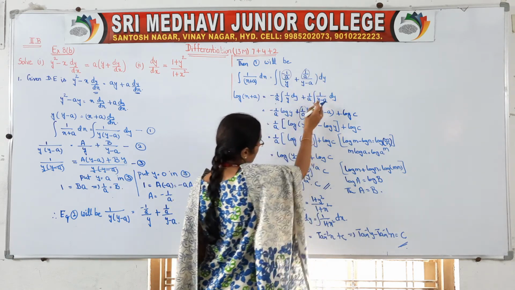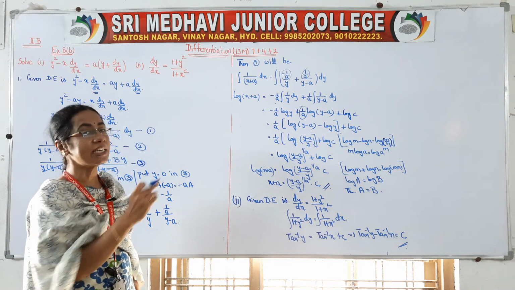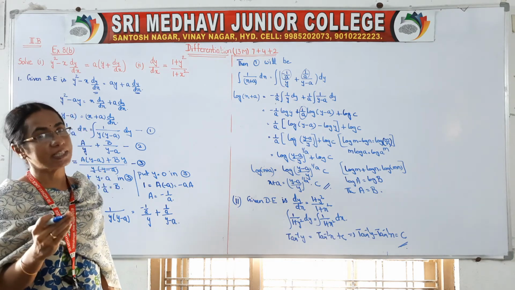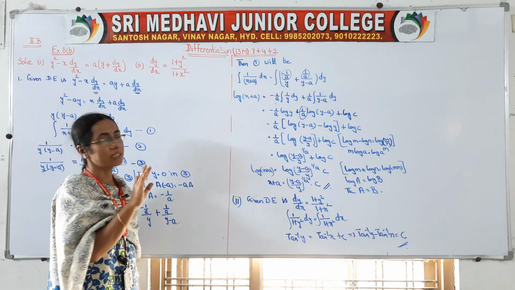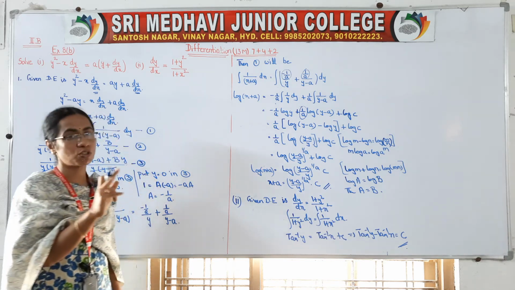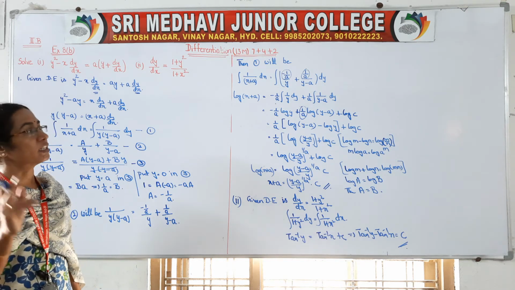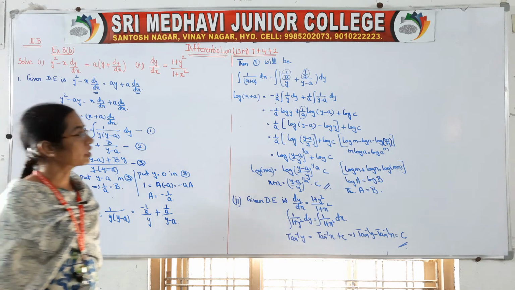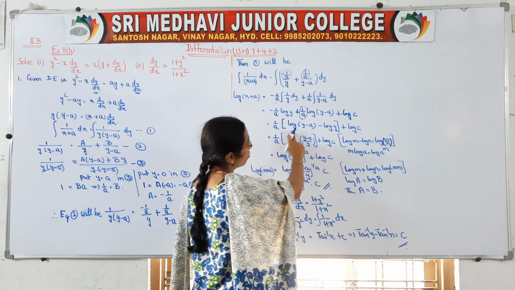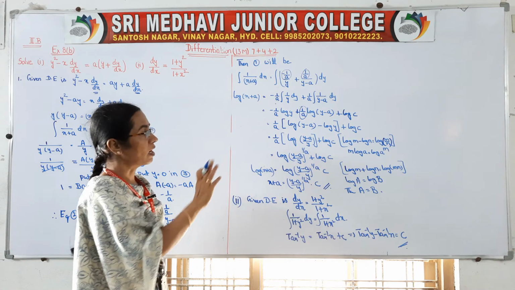This is also a constant, we have taken it outside. After that, it is integral 1 by y dy. So 1 by y dy is nothing but the integral 1 by x dx form, right? And it is a standard form, so instead of x you are having y. Similarly, the second one is also a standard form, integral 1 by x minus a is log of x minus a. Instead of x you are having y there. Okay. So next you take your 1 by a outside, then you will have log of y minus a minus log y, plus log c.